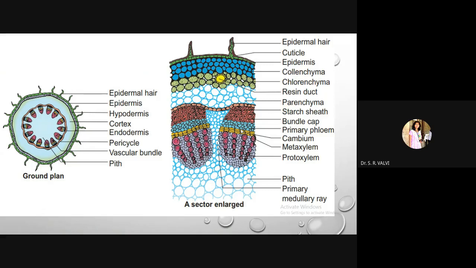But please do remember, in this dicot stem the pericycle is multi-layered, and it is made up of sclerenchymatous cells.